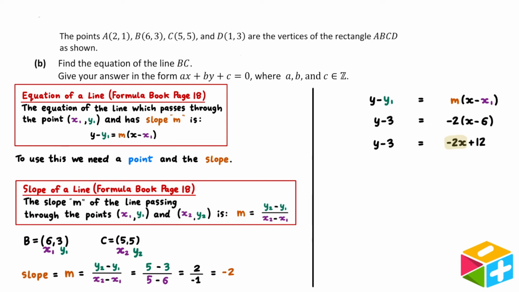Let's start with the minus 2x. Because of the minus sign, this represents subtraction. The inverse of subtraction is addition, so to remove a minus 2x, I should add 2x to both sides of my equation.